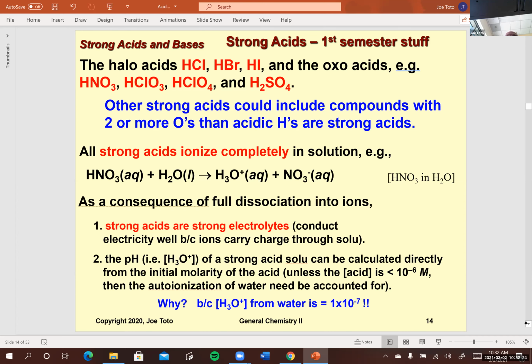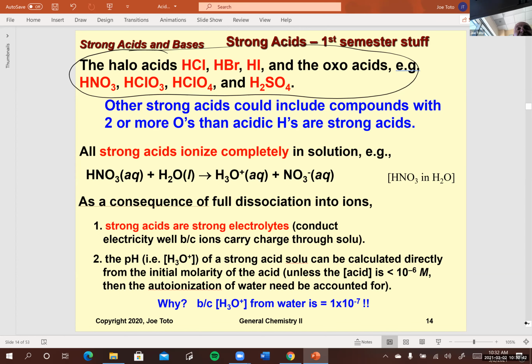The easiest way is to say, hey, listen, just memorize these 7 strong acids and assume that any other acid that you deal with is going to be weak.